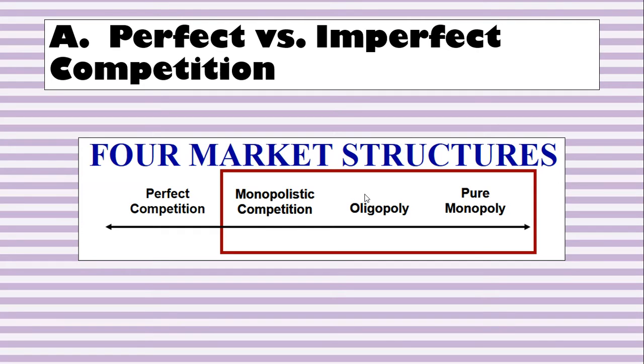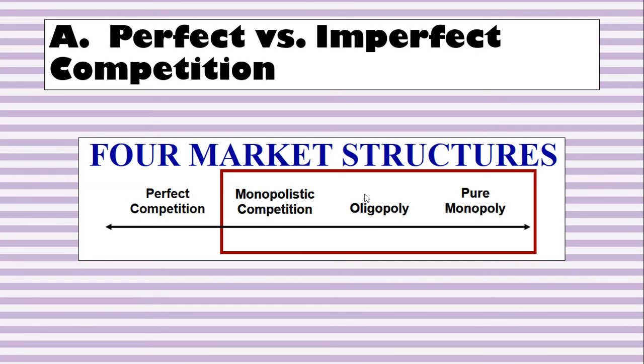But perfect competition, again, is one extreme version, and you can, if you want, write down or draw this little, it's not really a drawing, I guess, but it gives us a concept, an idea of what those four market structures are and how they line up as far as their similarities and differences to each other.